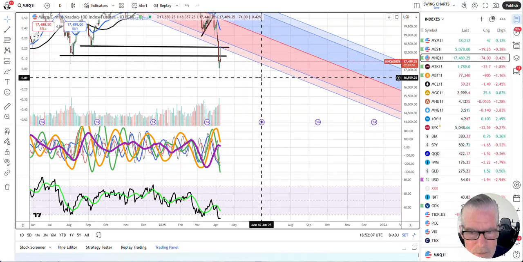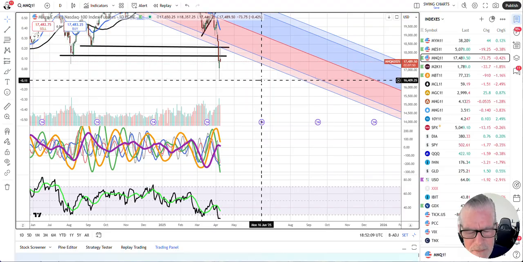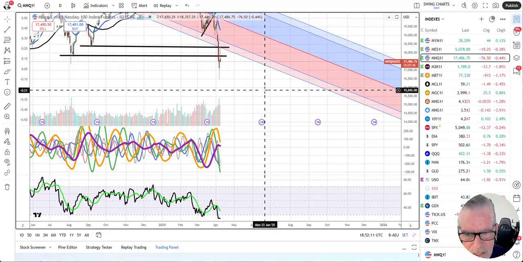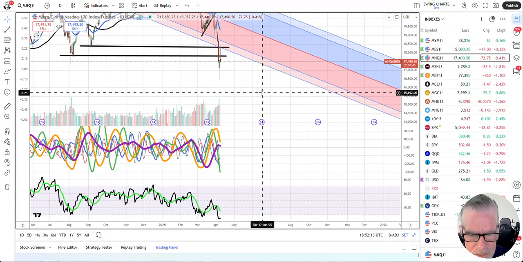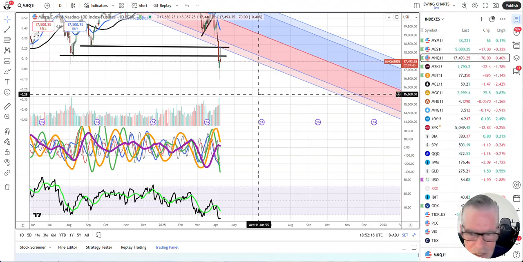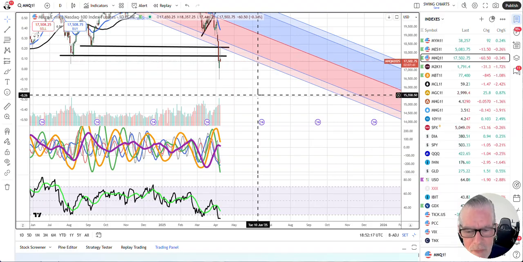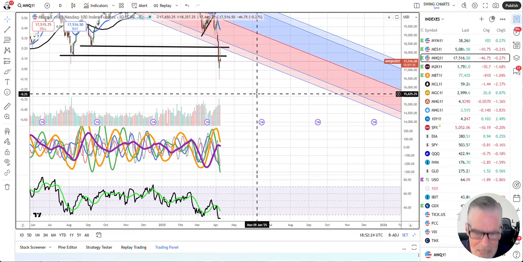So small caps, I know I'm long a little bit of the M2K because we had a trade on and we got stopped out of TNA, but I'm holding on to the M2K just again on all the oversold readings. My best returns as a trader have always come in market conditions like this, not in the conditions, because getting down there is just really painful.